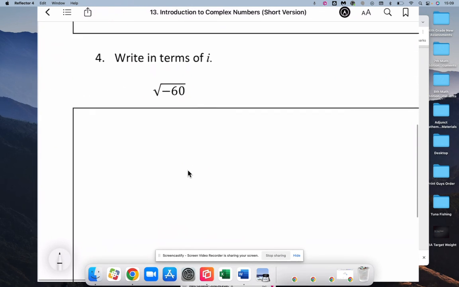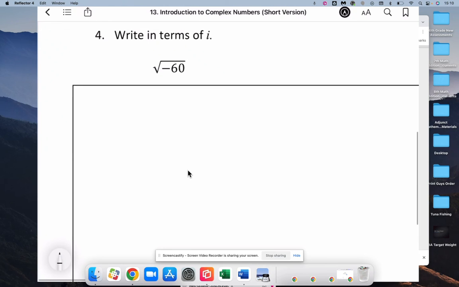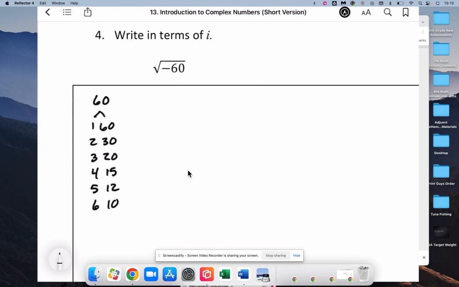Moving on to number 4. We have the square root of negative 60, so factors of 60: 1 and 60, 2 and 30, 3 and 20, 4 and 15, 5 and 12, 6 and 10. 7, 8, 9, and 10 I've already got.